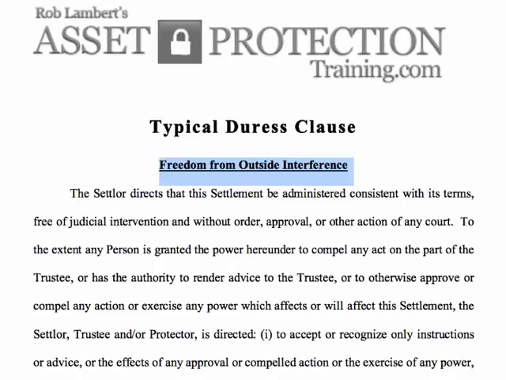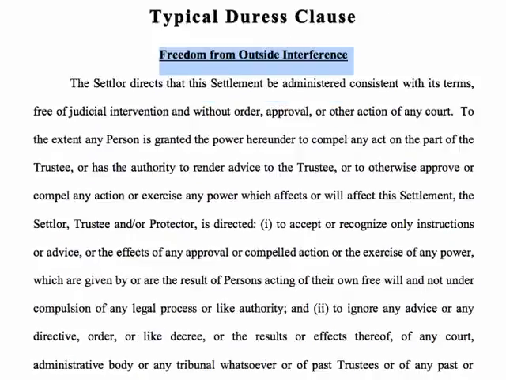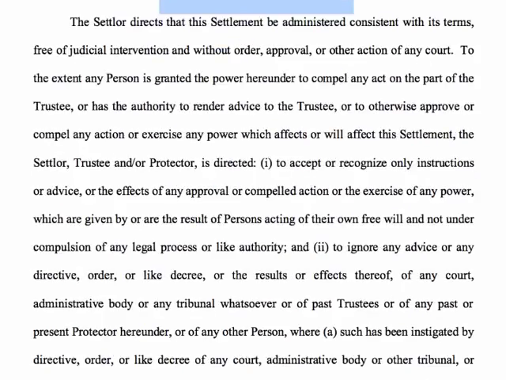And before I even explain it in more detail, I'm just going to ask you to take the moment. Let me read you the key parts. The settlor, that's normally my client, directs that the settlement be administered consistent with its terms, free of judicial intervention, and without order, approval, or other action of any court.